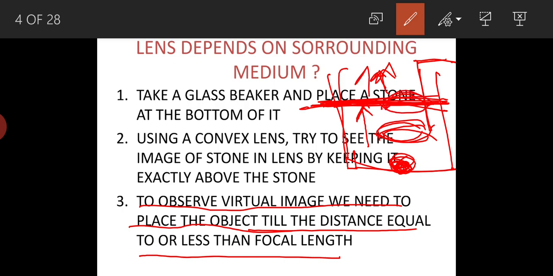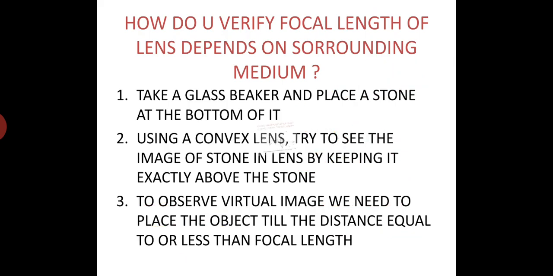Beyond the focal length we cannot see the virtual image, because the virtual image will not form, a real image will form, but here there is no possibility to place a screen. That is why you can see the image of the stone until this point. Mark this height and measure it. That will give you the focal length of the lens.